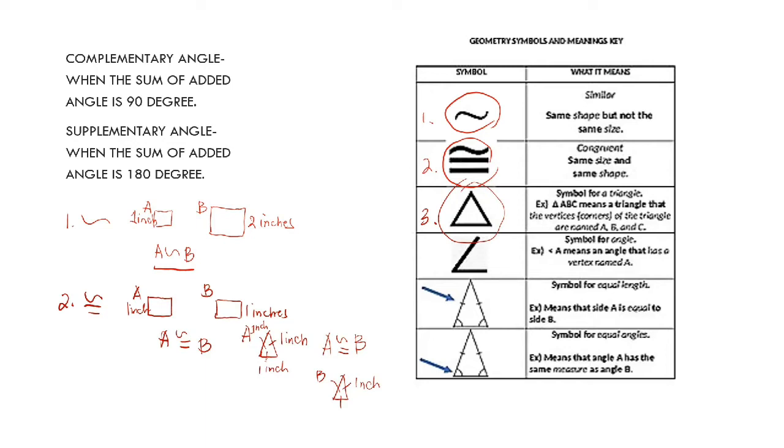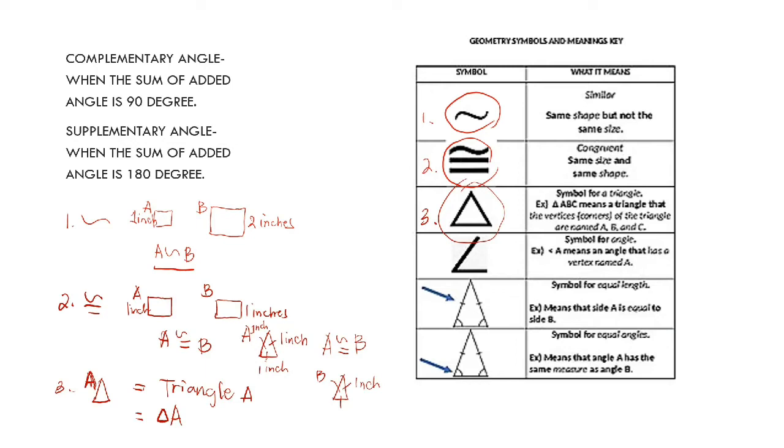For example, number 3, we have here a triangle A. So yung triangle na to ay pangalan niya ay A. Instead of naming it as triangle A, we can use the triangle symbol then letter A. Then we can assume that the A, ang shape niya is a triangle. So yun lang yung symbol natin. The purpose of the symbol is to name that our shape is a triangle.